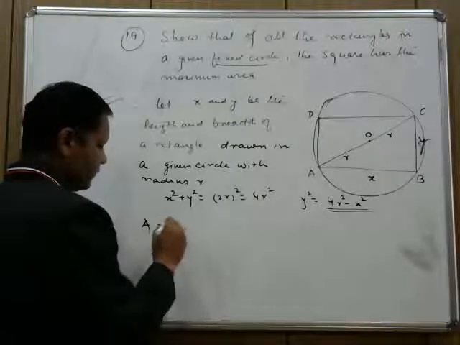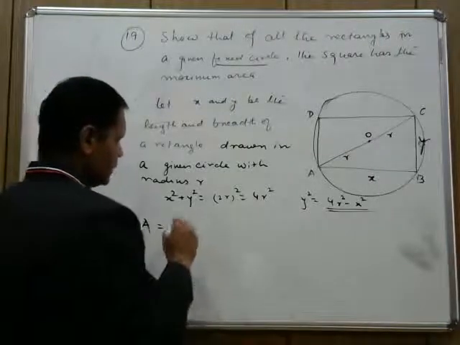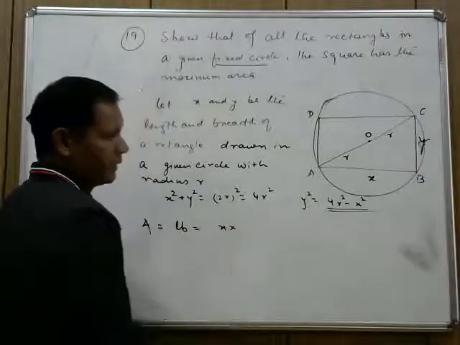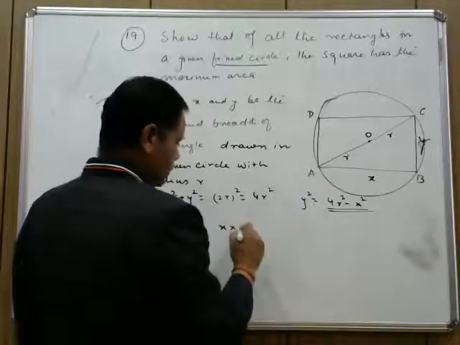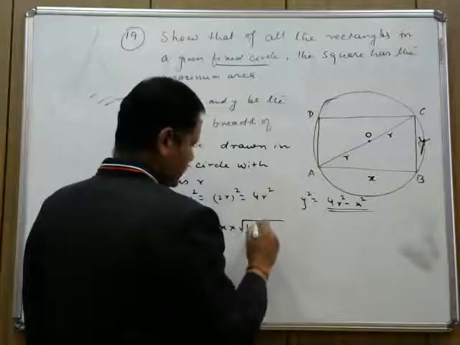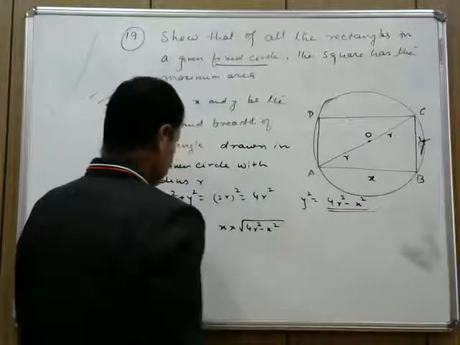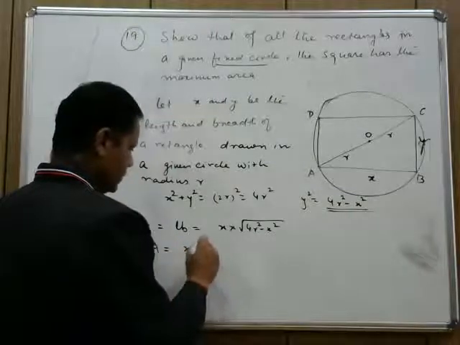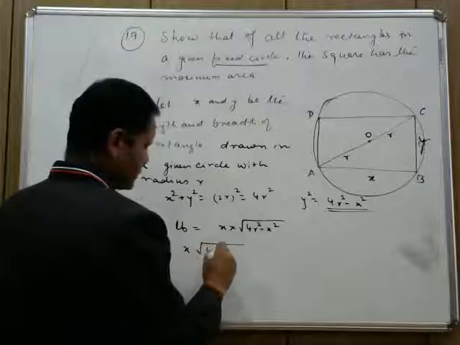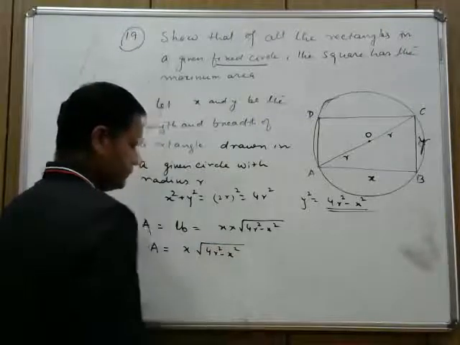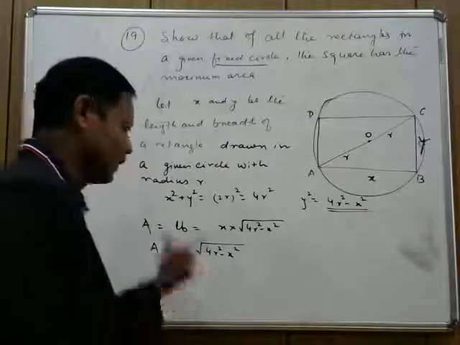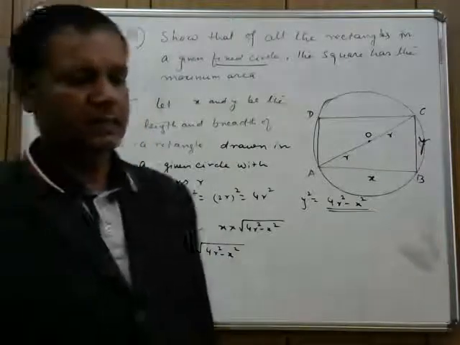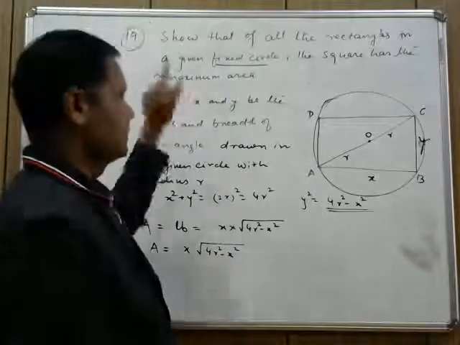Length I have taken x and breadth is y, and y is under root 4r square minus x square. Now we have area is equal to x under root 4r square minus x square. This is a function and we have to maximize or minimize it. Here we have to maximize it.